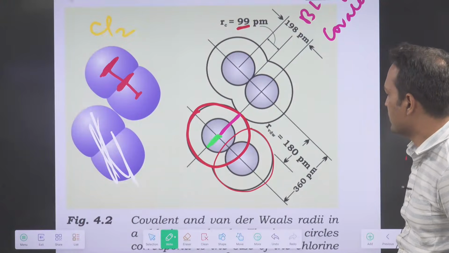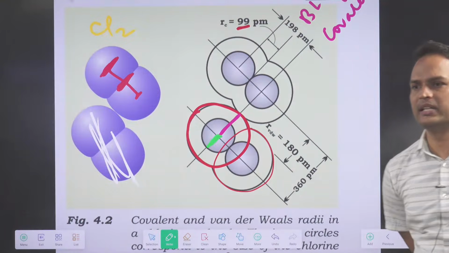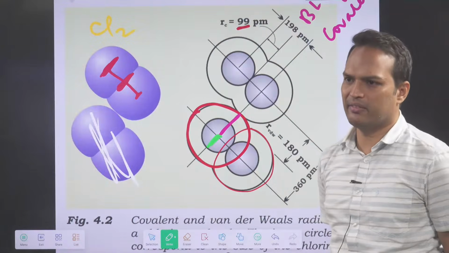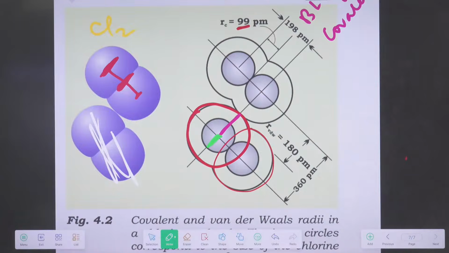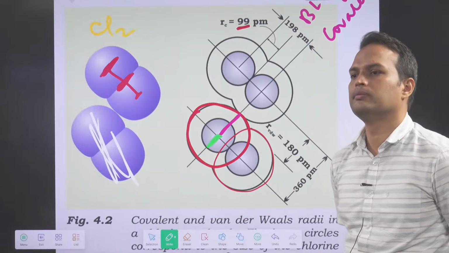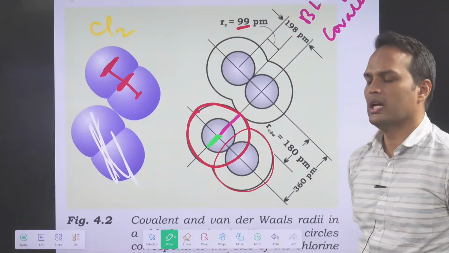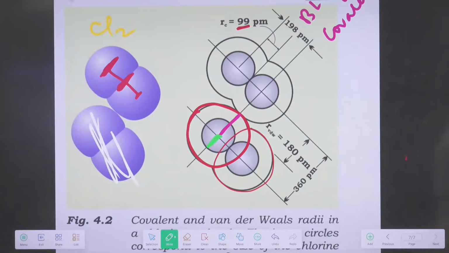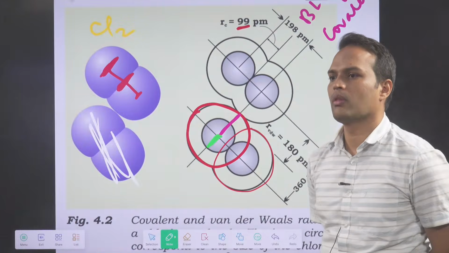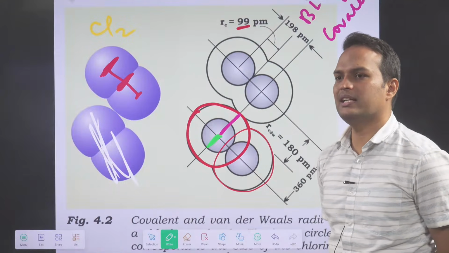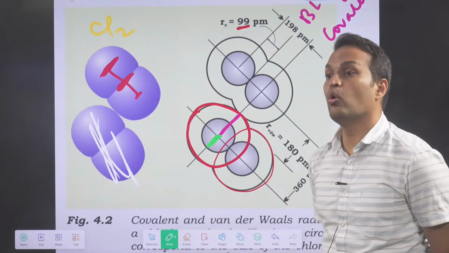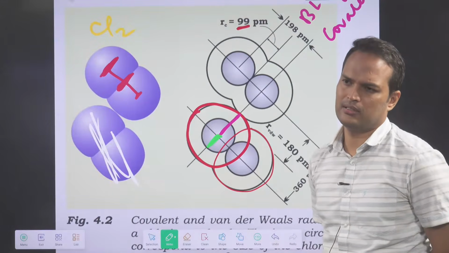Now can you tell me which radius the green color is representing? Everyone try to reply, then we will know whether you have understood or not. Green color is representing core radius, or you can say covalent radius.